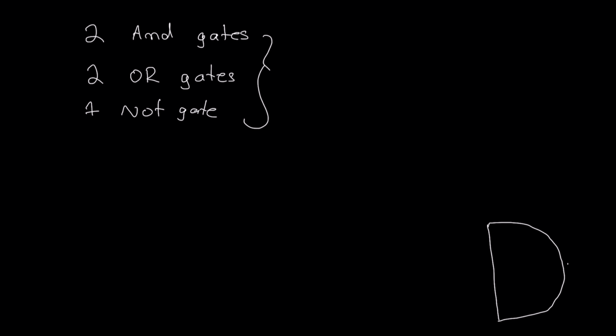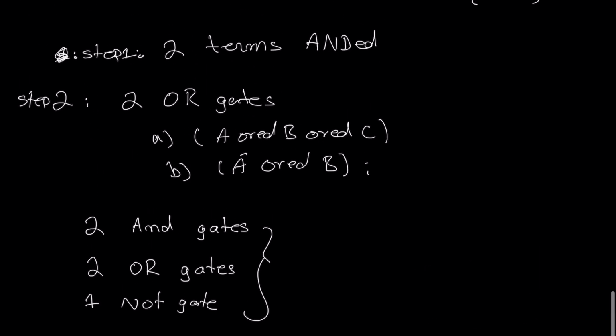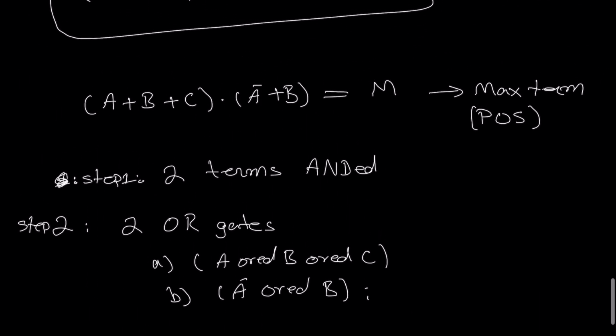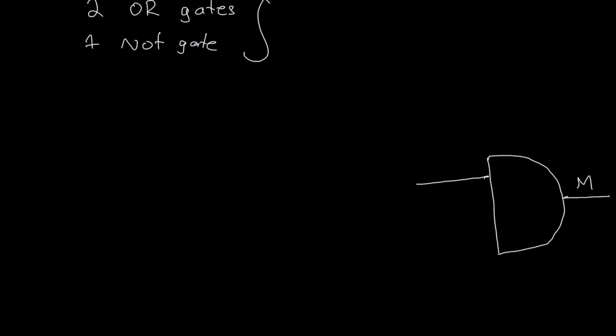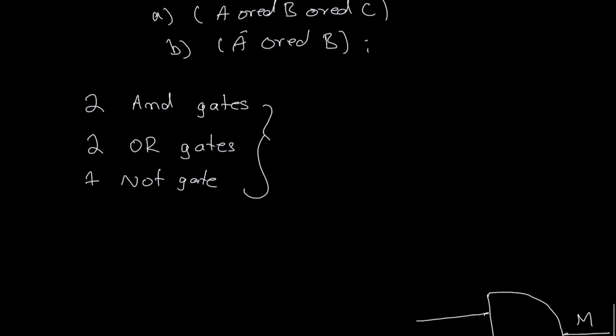So that is my AND gate with output M. We know we have two terms, term 1 and term 2, so we will draw two inputs to that AND gate. I think I got mistaken here.